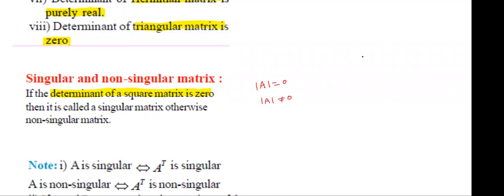Okay. Take one example. The matrix should be a square matrix. Suppose A matrix, I am taking this 1, 2, 3, 4. Tell me, is this singular or non-singular?